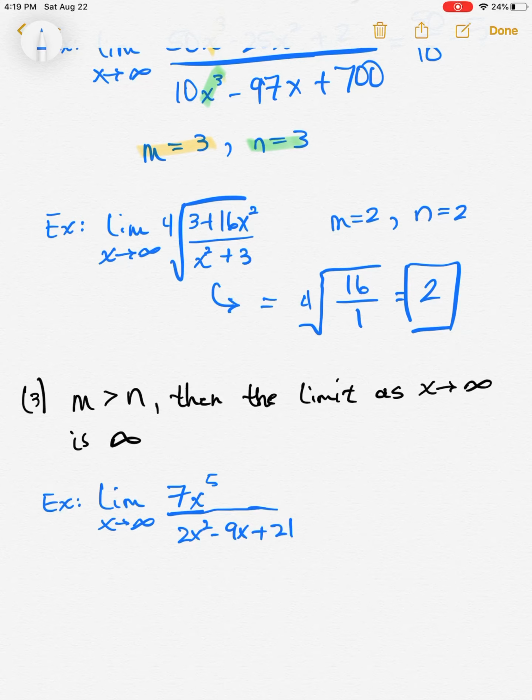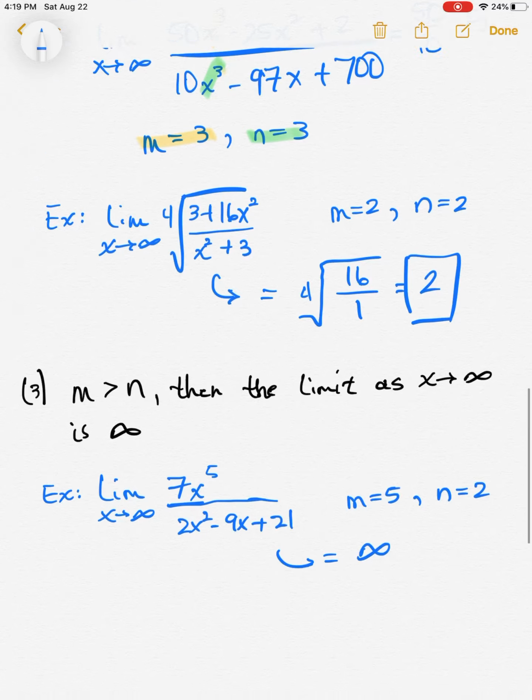We have m equals 5, n equals 2. The numerator degree is greater than the denominator degree, so the limit is equal to infinity.